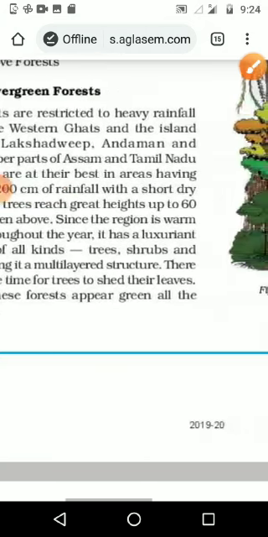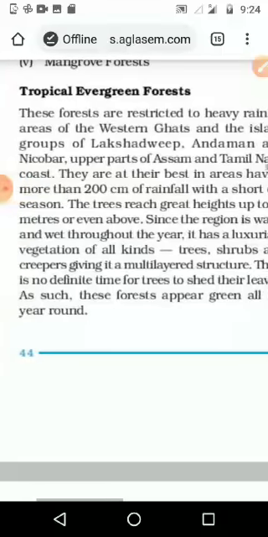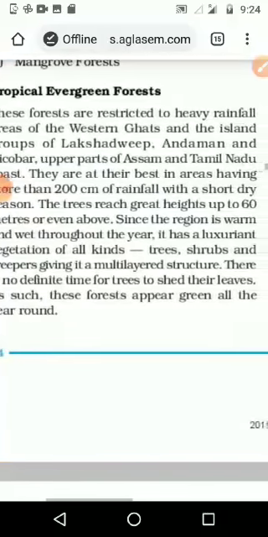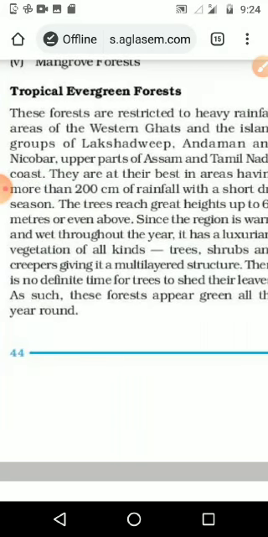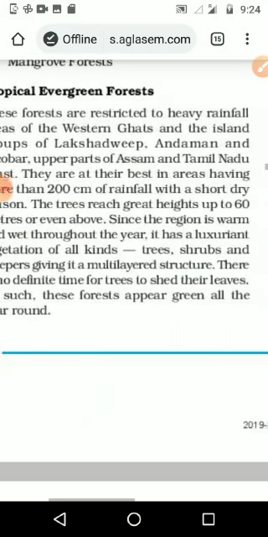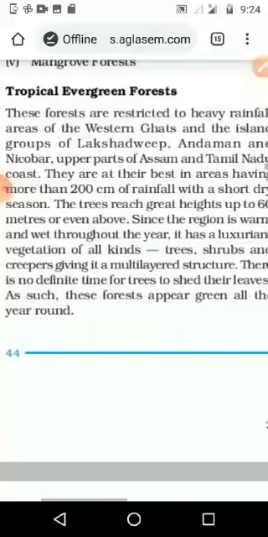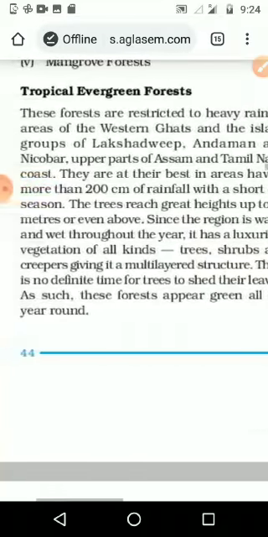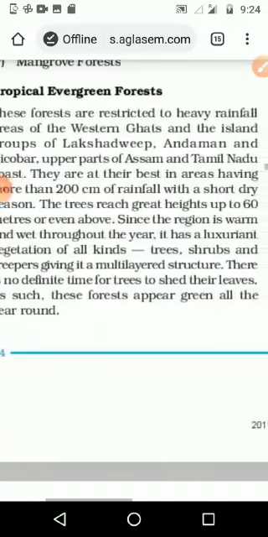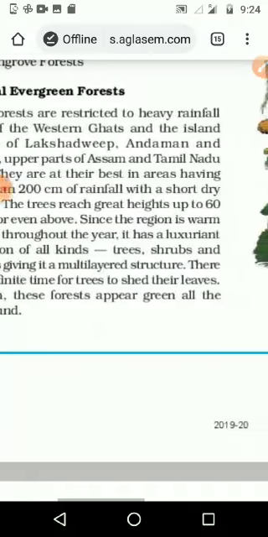The trees reach great heights, up to 60 meters or even above. That is the average height we are saying, 60 meters. Some of the trees grow even higher. Since the region is warm and wet throughout the year, it has luxuriant vegetation of all kinds: trees, shrubs and creepers, giving it a multi-layered structure.